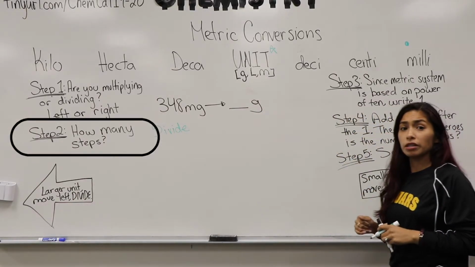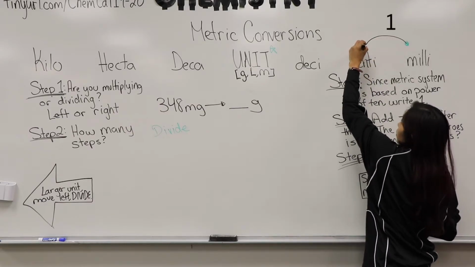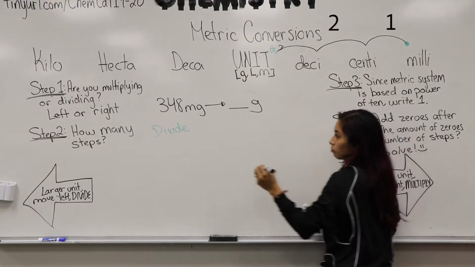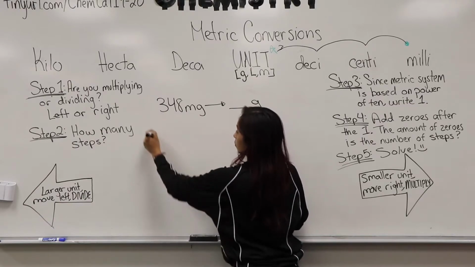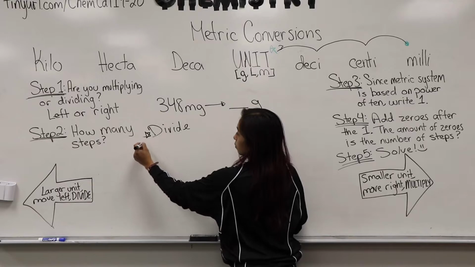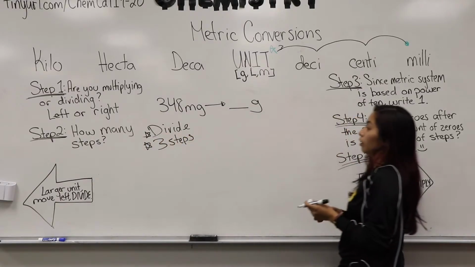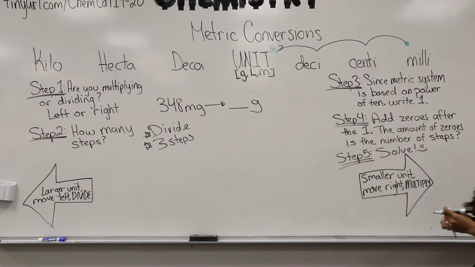Okay. How many steps? Well, 1 step is here, 2 steps is here, 3 steps. So we have to divide, and I also know we have to take 3 steps. Okay. And then step number 3 is, since the metric system is based on power of 10, write 1.